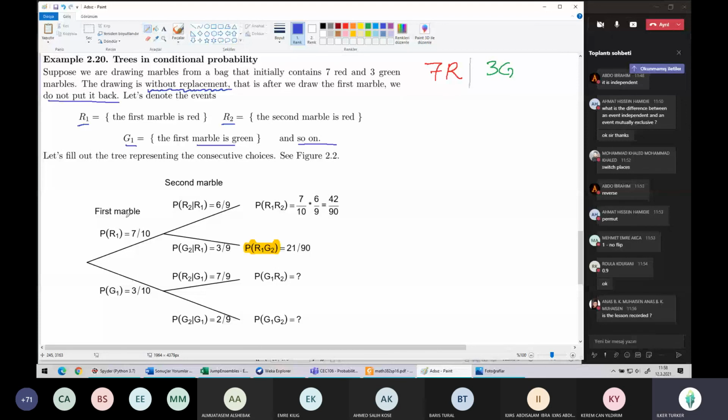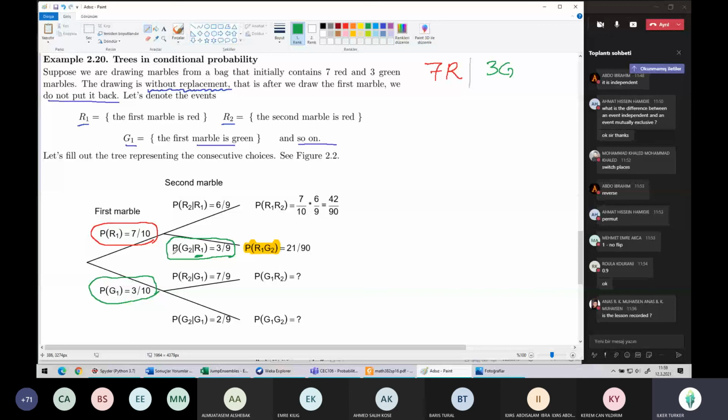The probability that the first marble is red is 7/10. And the probability that the first marble is green is 3/10. After the first marble is red, the probability that the second is green: we don't put the red one back, so we have 3 greens, total 9 marbles.